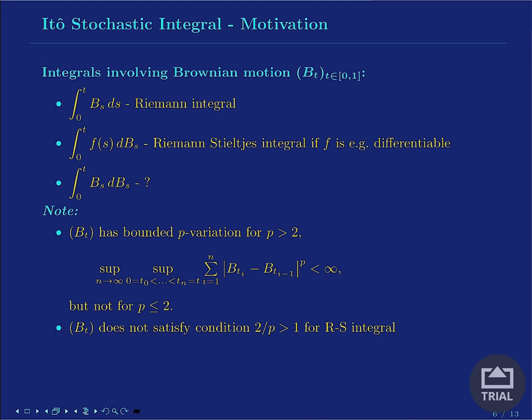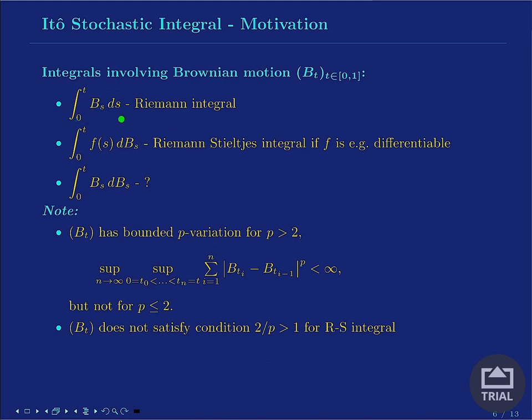Now we are interested in applying integrals to the Brownian motion. So for instance, we might be interested in the integral of the Brownian motion in the form of a Riemann integral. There's no problem with that, as the Brownian motion is a continuous function, has almost surely continuous sample paths.